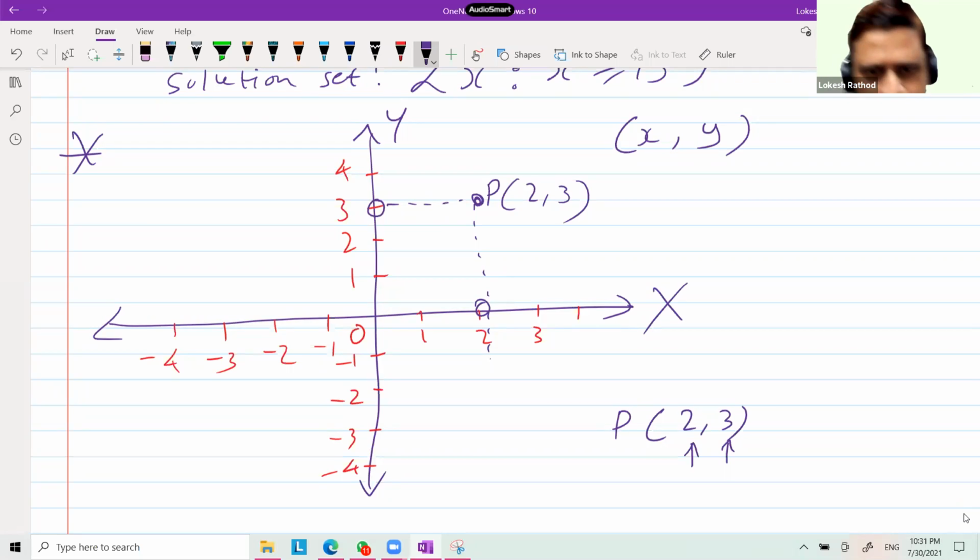Did you say 2 or 3? The distance of point P from the x-axis will be this distance. 3. Correct? Yeah, 3, correct. So the distance of point P from the y-axis.